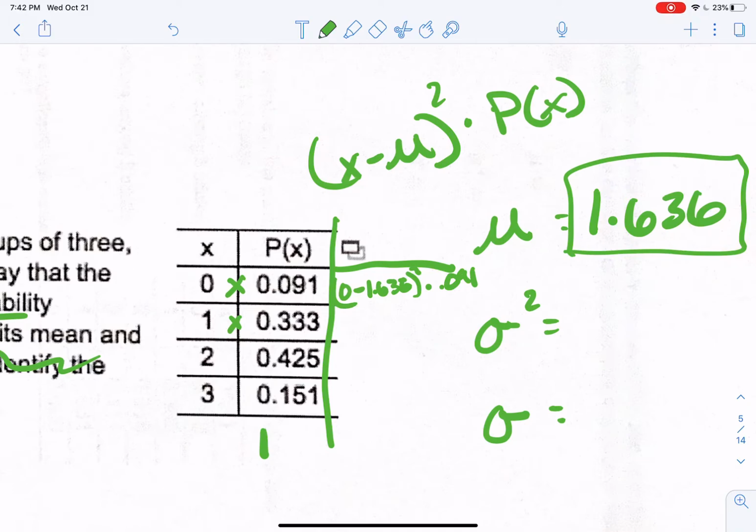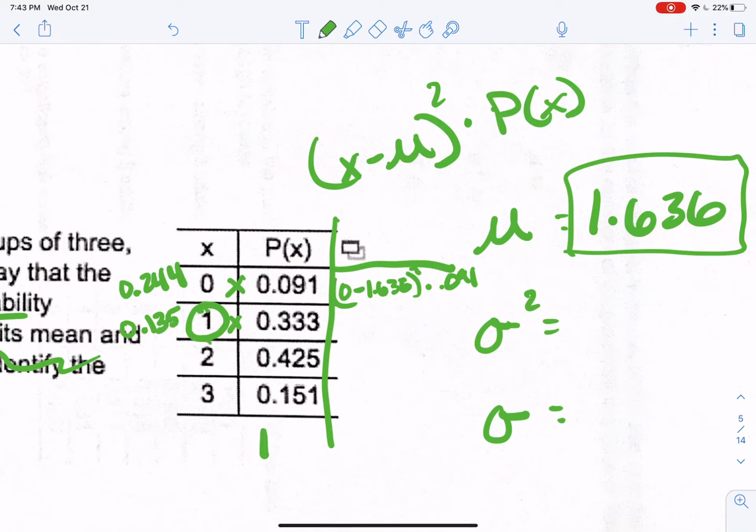1.636 squared times 0.091. Okay, so this first number comes out to be 0.244. Okay, then I'm going to do the next one. So I would do 1 minus the average, 1 minus 1.636, square that, times 0.333. And that is 0.135.